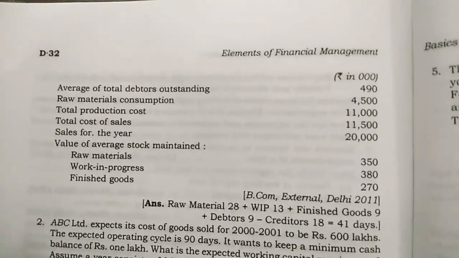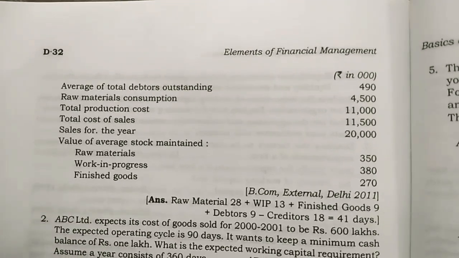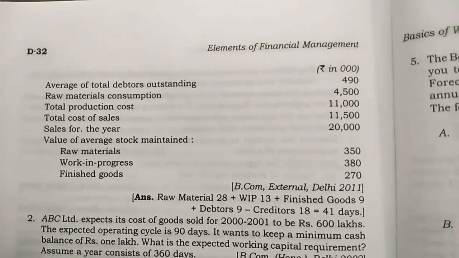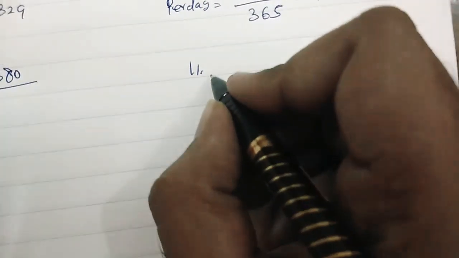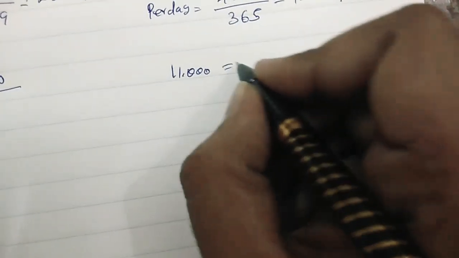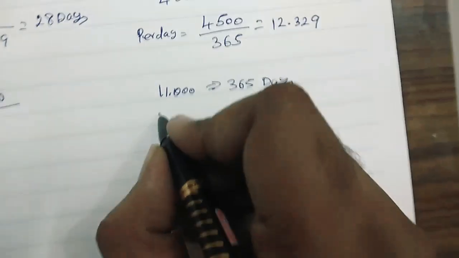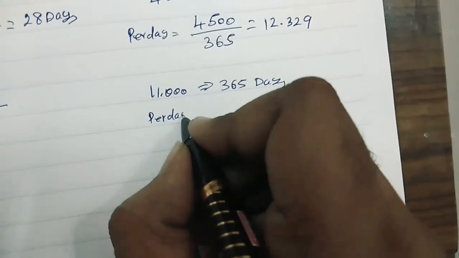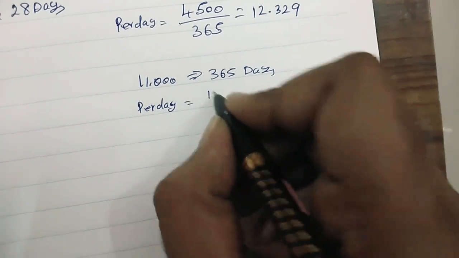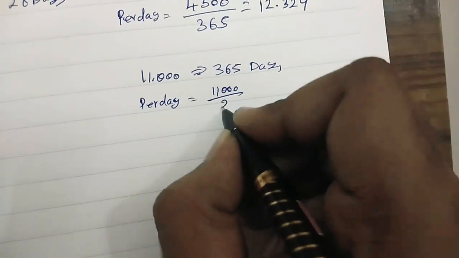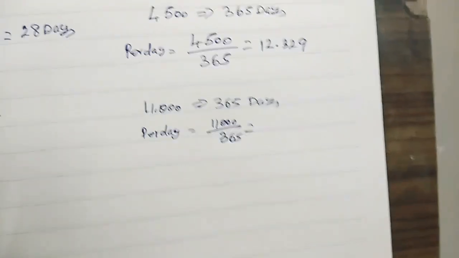So the formula is average stock of work in progress divided by cost of production per day. The total production cost given is 11,000, which is for 365 days, but you have to calculate cost of production per day. So 11,000 divided by 365.